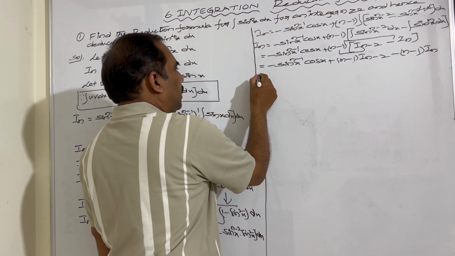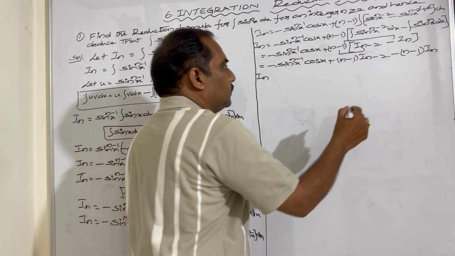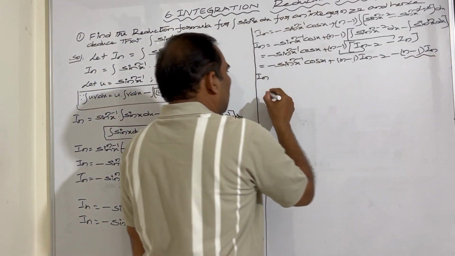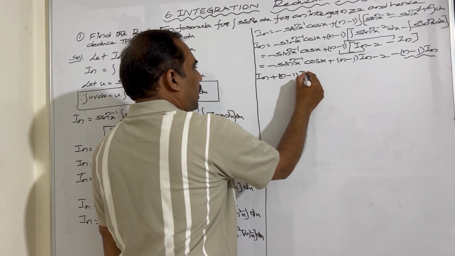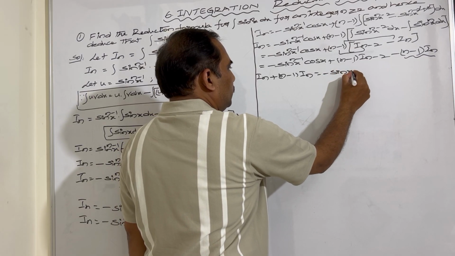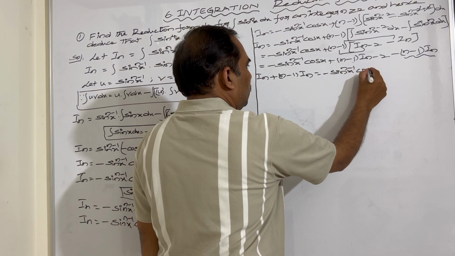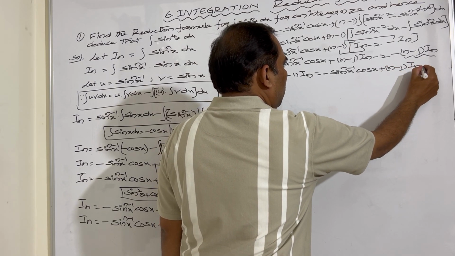So now already the left hand side we have I_n, and bring that minus n minus 1 into I_n to the left side, it becomes plus n minus 1 into I_n. So which is equal to minus sin x power n minus 1 into cos x, and plus n minus 1 into I_(n-2).